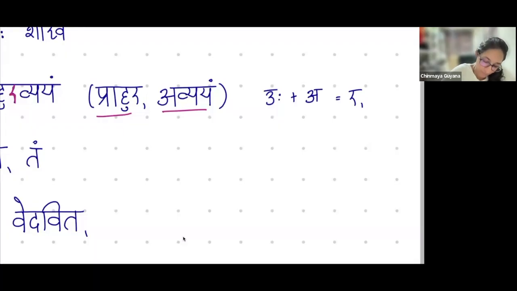This is going to become prahuhu avyayam. Did everybody get that? We've been going from having a visarga to making a sandhi. Now we're trying to go from the made sandhi back to having a visarga.